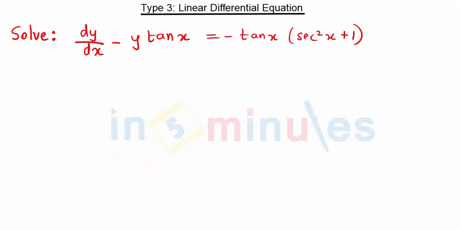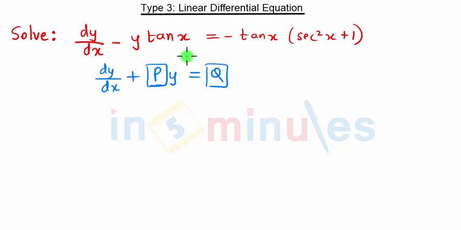As you can see, this equation is of the form dy by dx plus p into y equal to q, where p and q are functions of x. If we compare these two equations, q is nothing but this value and p is nothing but minus 10x, because here it is plus.